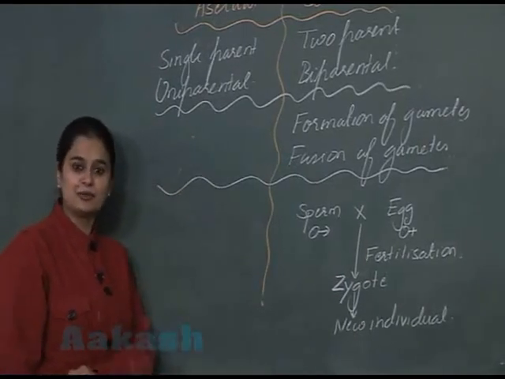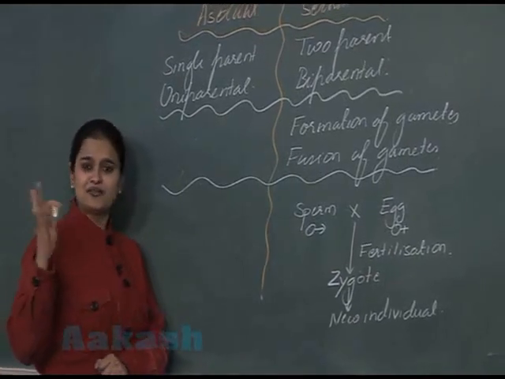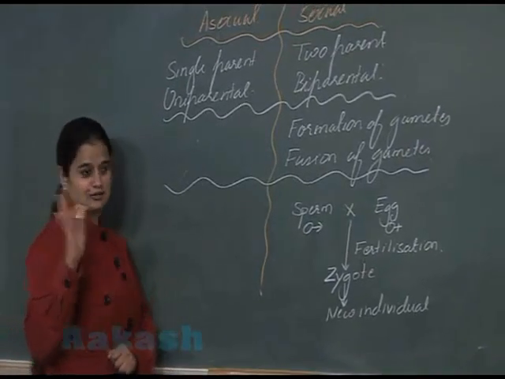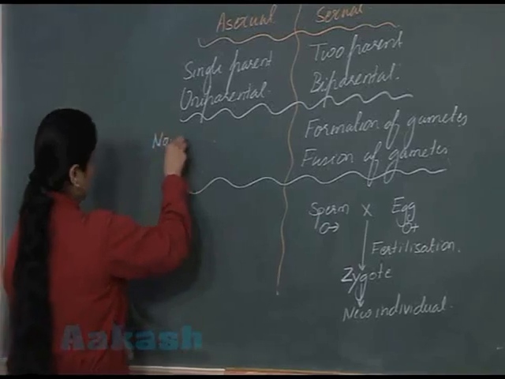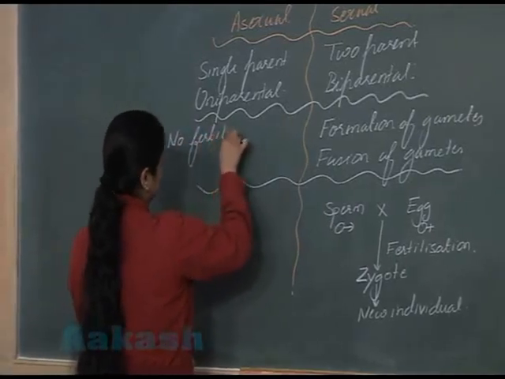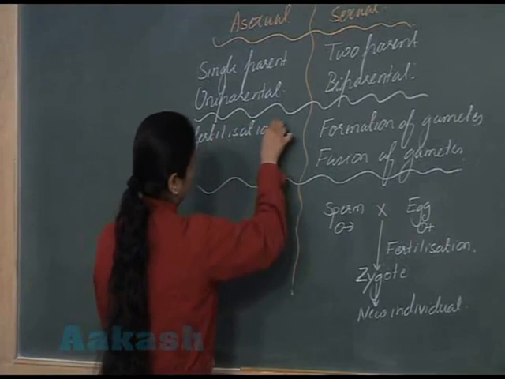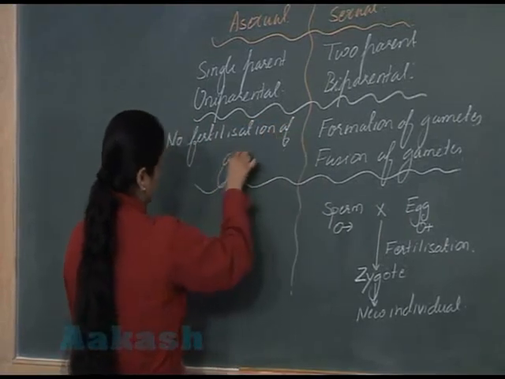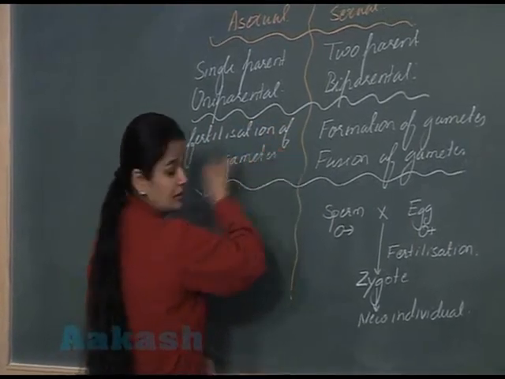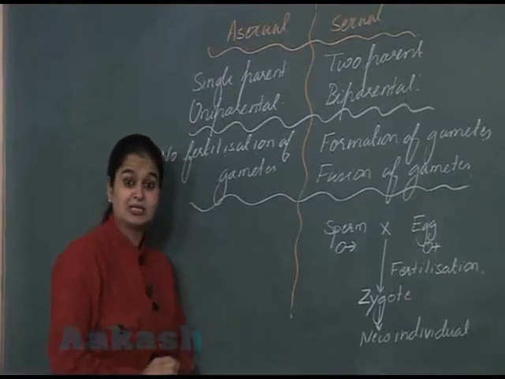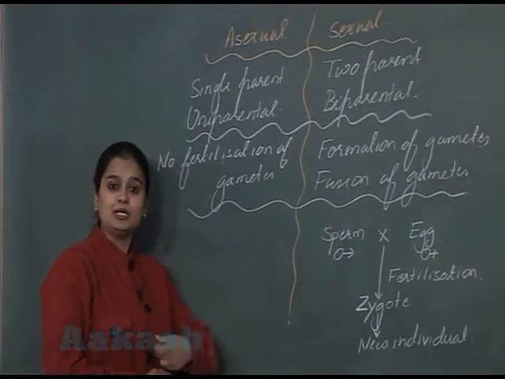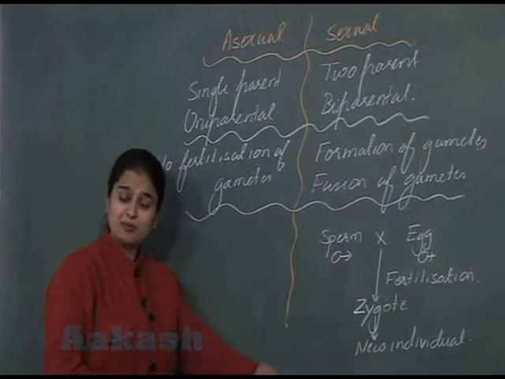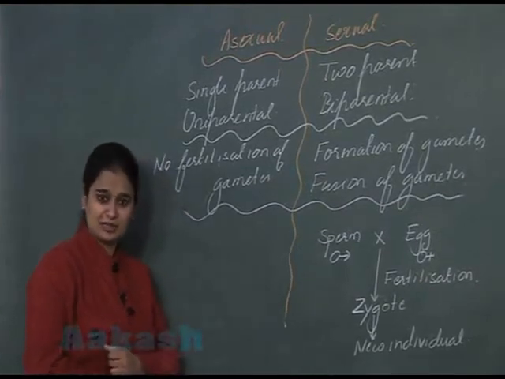In asexual reproduction, fusion of gametes is absent. Fertilization of gametes is absent. So the new individual can be formed in several other ways.